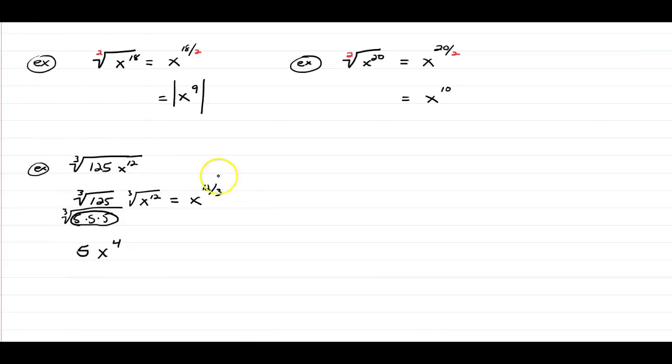Now if you didn't want to use the rational exponents, and you did the birthday cake on this one, you would get 5, 5, 5, and then you would write x out 12 times.